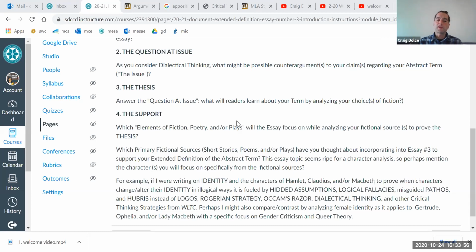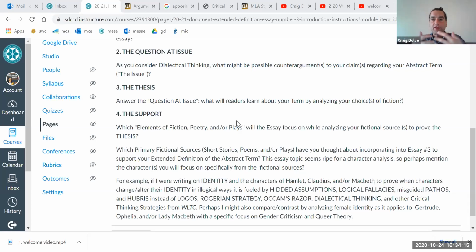So much as you did for essays 1 and 2, where you made a point about a theme, an issue, and you analyzed literature to present that point to fulfill your student learning outcomes: you analyze, you compose, you evaluate.